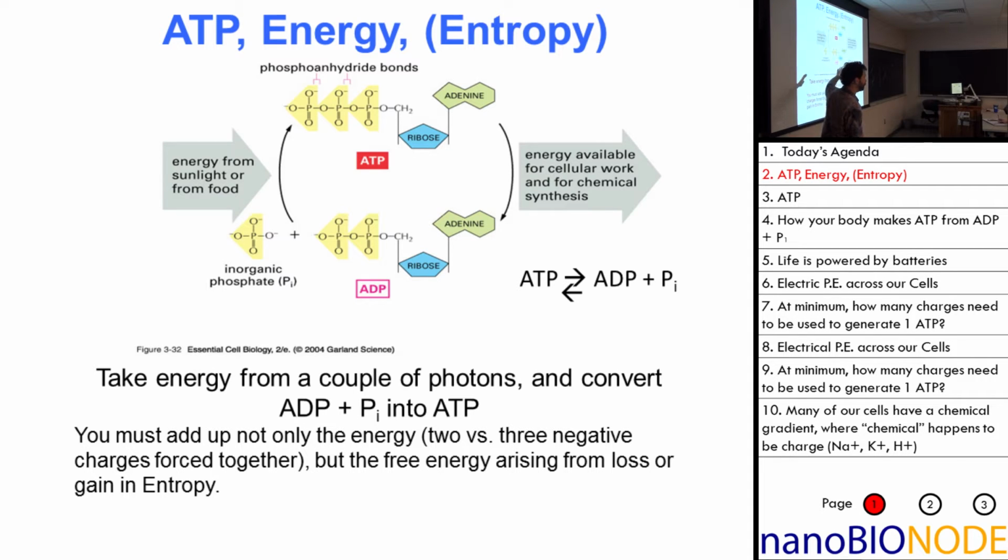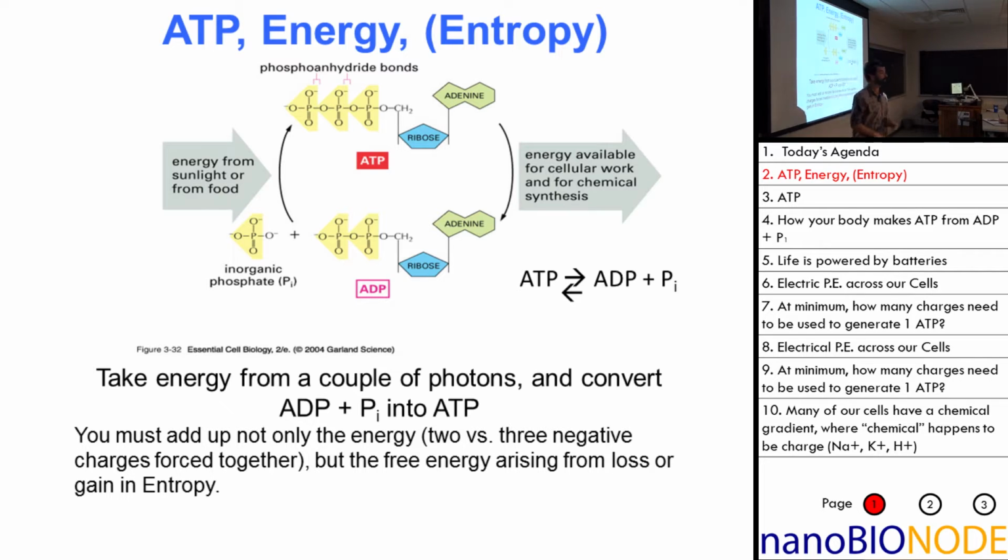Okay, now what we've talked about is this being together or this being separate. So there's an obvious electrostatic potential, and in fact, I will have you calculate that. 2 charges being together.